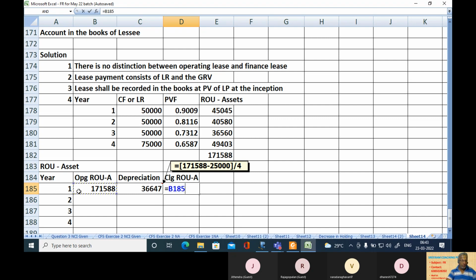ROU asset is opening minus depreciation. And that is going to be the opening figure. So depreciation is the same figure.